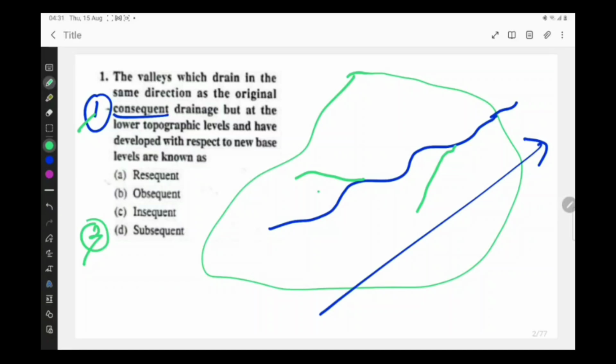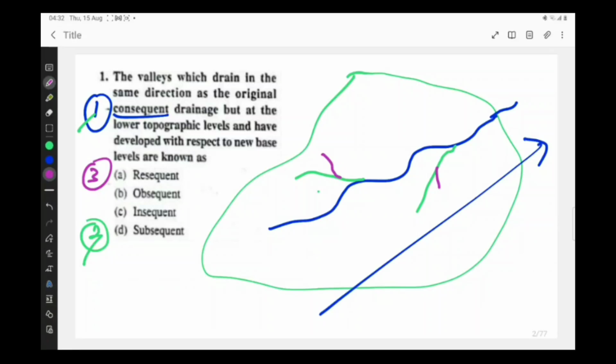The streams in green color are subsequent drainage streams, which are the tributaries of the major streams. Further, suppose tributaries of these green streams are in pink. These tributaries of the subsequent streams are called the resequent streams or resequent drainage. These are the lower order streams which join the subsequent and later the consequent stream.